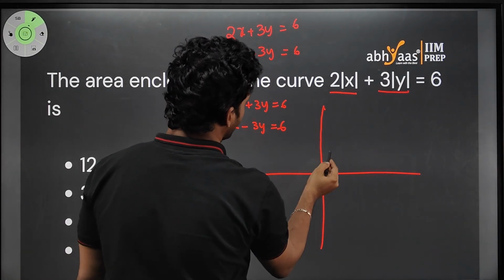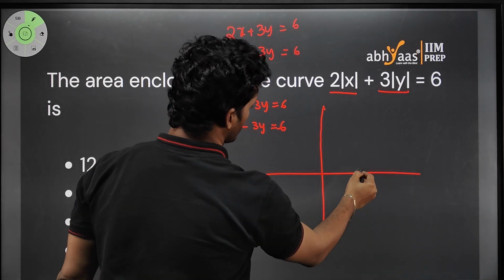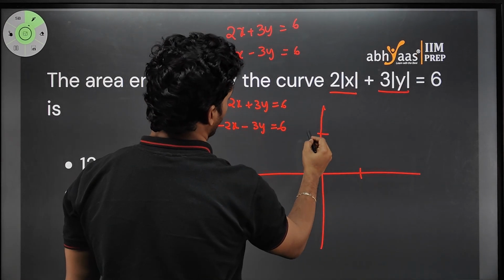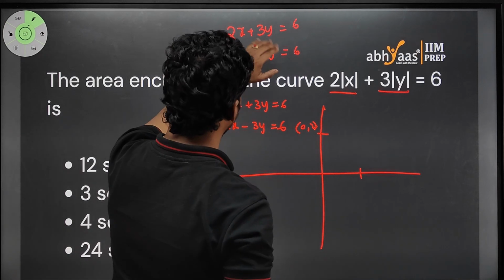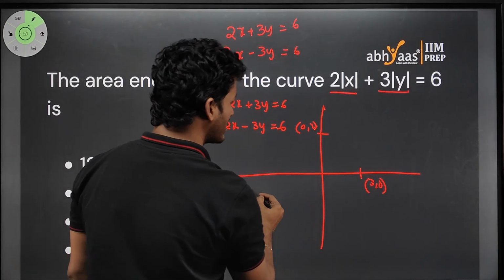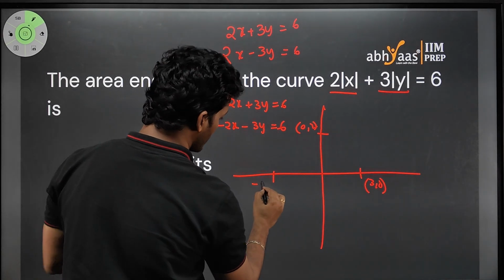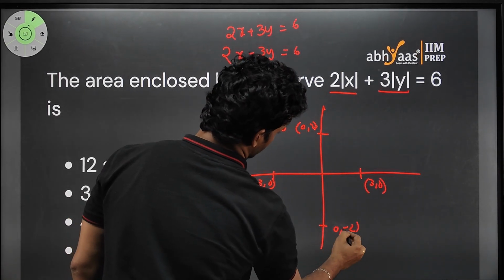If you take intercepts, make x equal to 0, y would be 2, and for the x-intercept, make y as 0, it would be 3, so 3 comma 0. So the same coordinates will be there again, it would be minus 3 comma 0 and 0 comma minus 2.